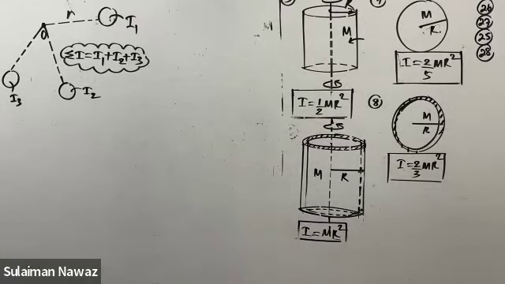Now, if the meter rule means a rod, a very thin rod, then think properly and do the question. It's not difficult.